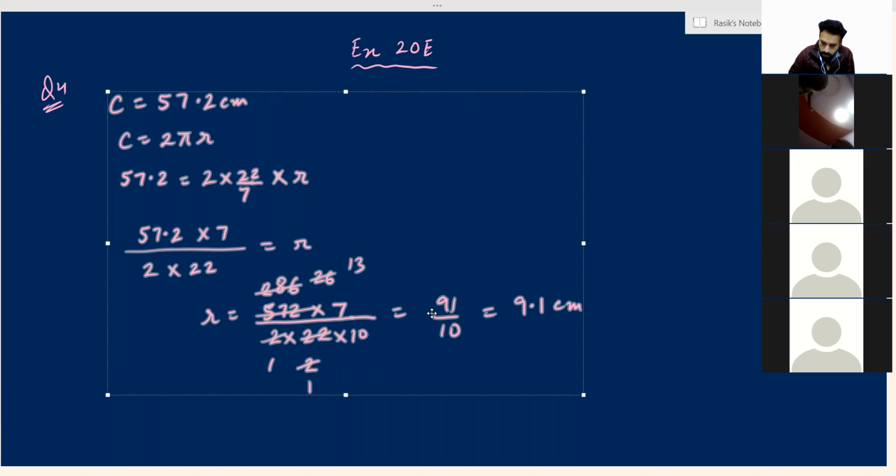Checking your answer. 638 divided by 22 is 29, but by mistake I have written 9.